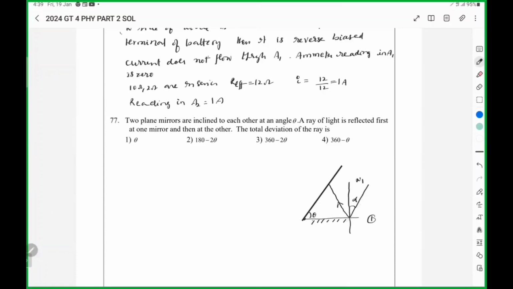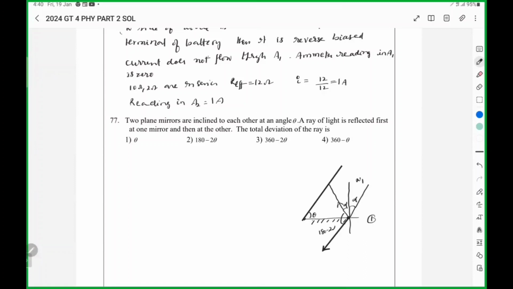Always while taking an angle, arrows must be away from the point. So the ray is traveling in this direction. Here the angle of incidence is equal to the angle of reflection.